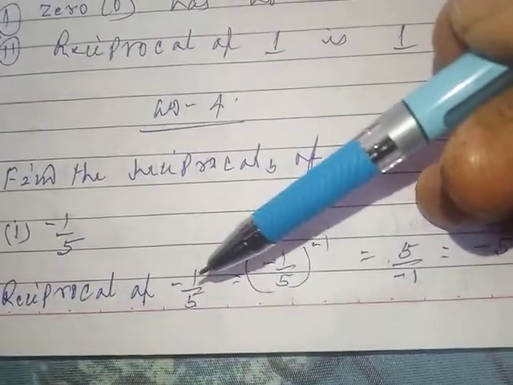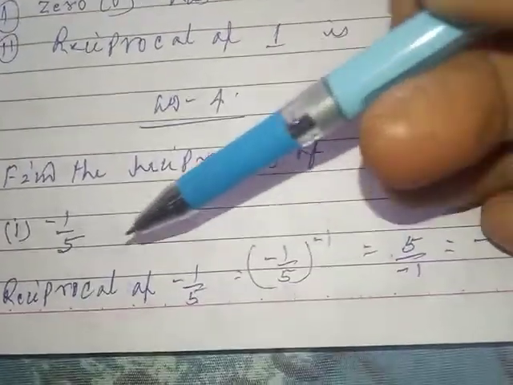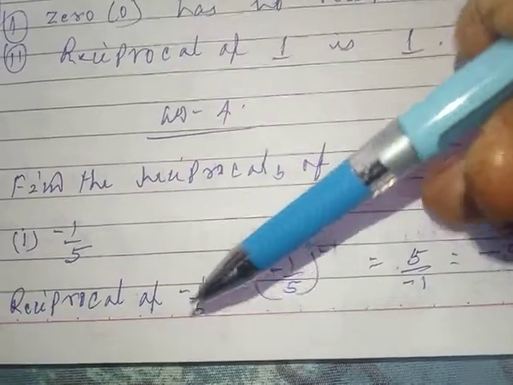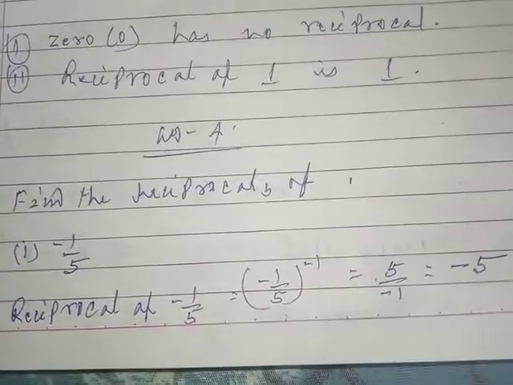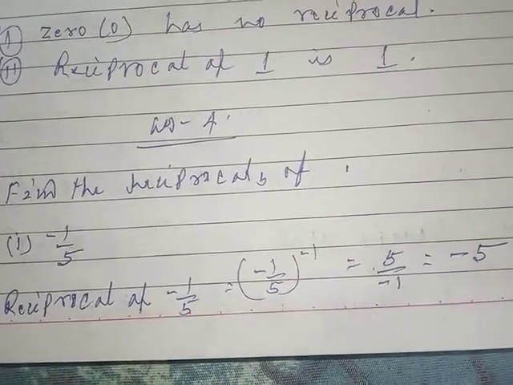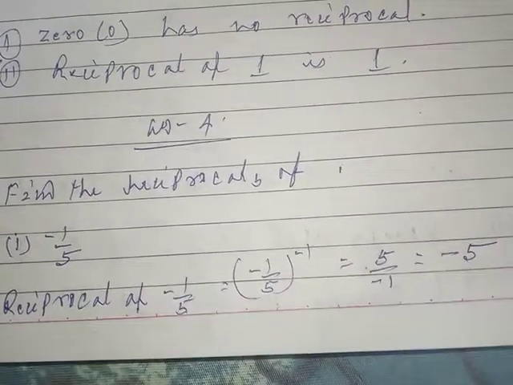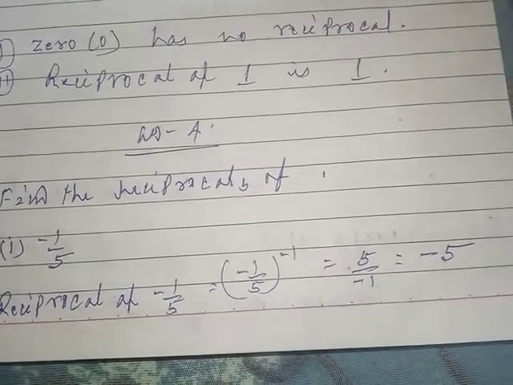Reciprocal of minus 1 by 5. Reciprocal of minus 1 by 5 is equal to (minus 1 by 5) to the power minus 1, because you know reciprocal of any number has minus 1 as power.